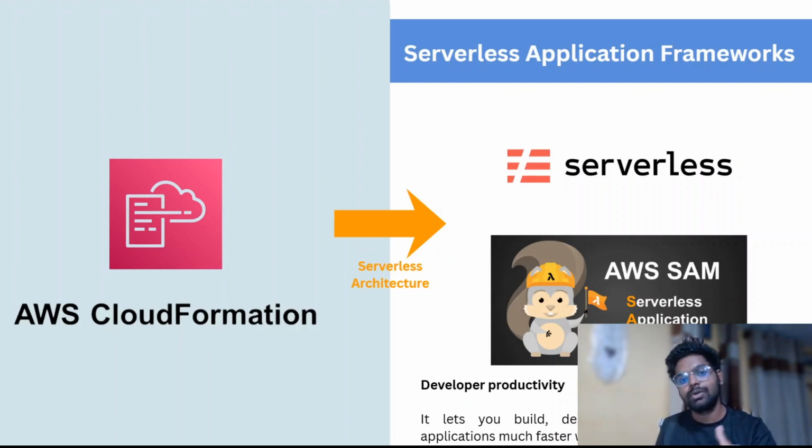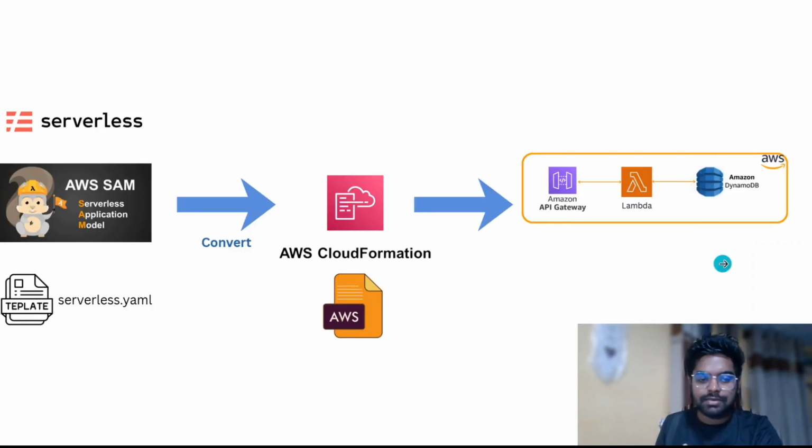The framework converts your template into the CloudFormation template. CloudFormation templates are very lengthy, but with serverless application frameworks like Serverless and AWS SAM, those templates are very short. So the framework converts your short code into the very long CloudFormation template code. That's why we use these serverless frameworks.